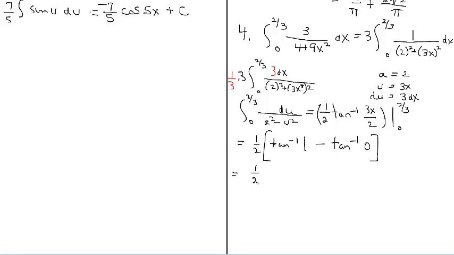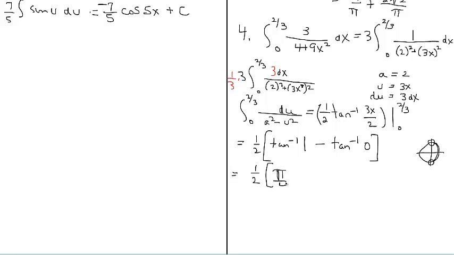Using these inverse trig integration formulas, if we're going to evaluate at limits, requires that we revisit the unit circle. So what angle has a tangent ratio of 1? Arctangent is defined in quadrants 1 and 4, so the appropriate angle having a tangent value of 1 would be pi over 4.